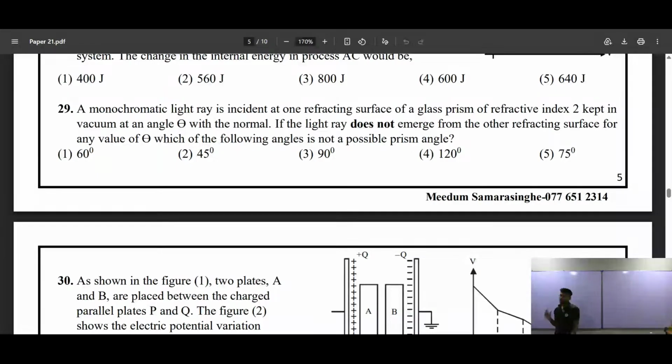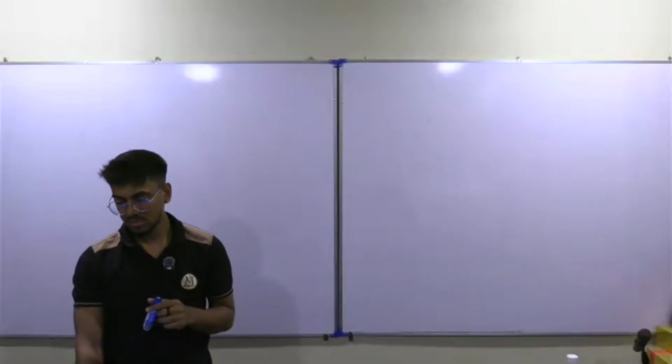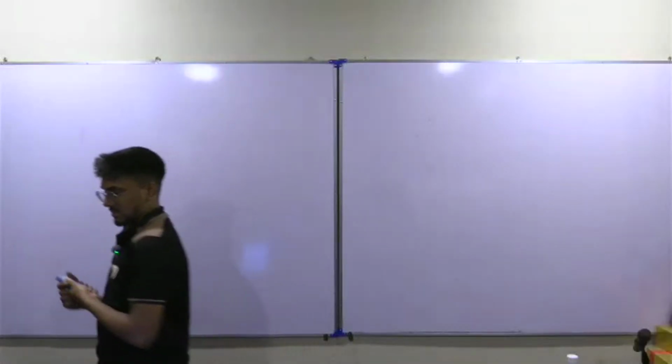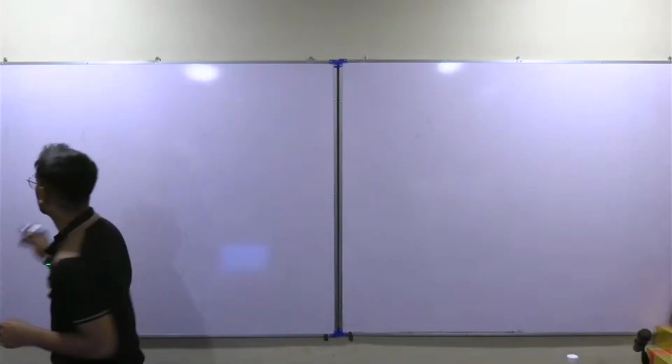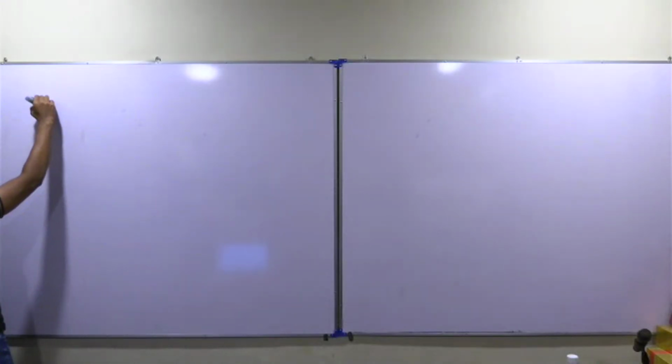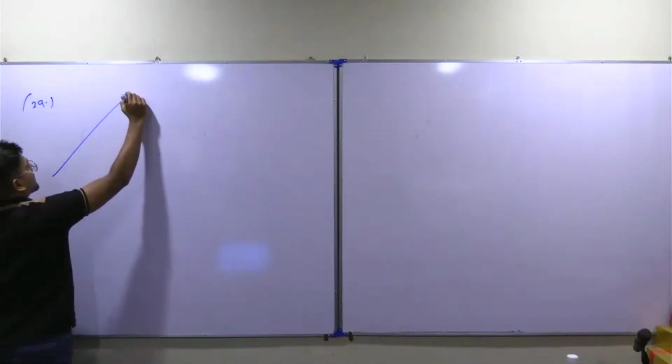Now, for any incident angle theta, the light ray doesn't emerge from the other refracting surface. So they are asking which of the following angles is not a possible prism angle. This is the 29th question. Now, this is the prism.